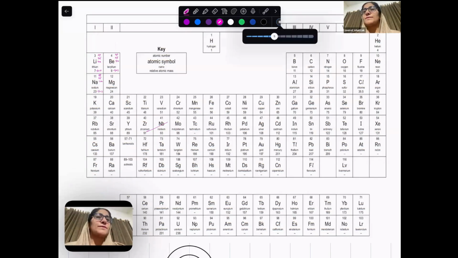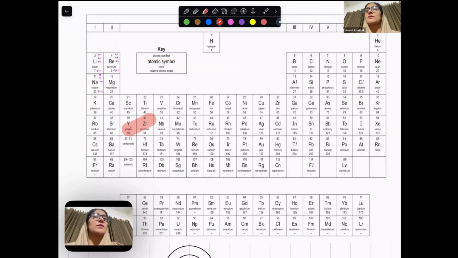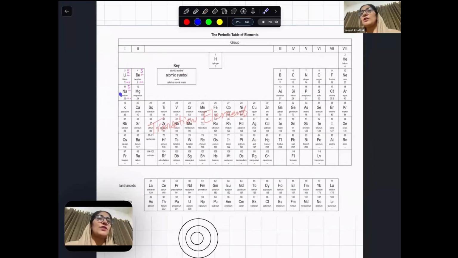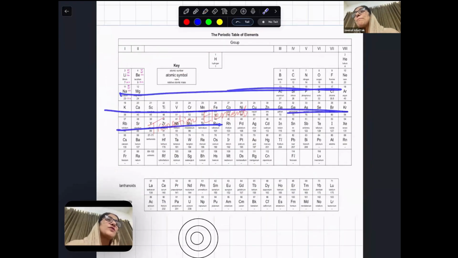Transition elements, right? These horizontal rows are called what?